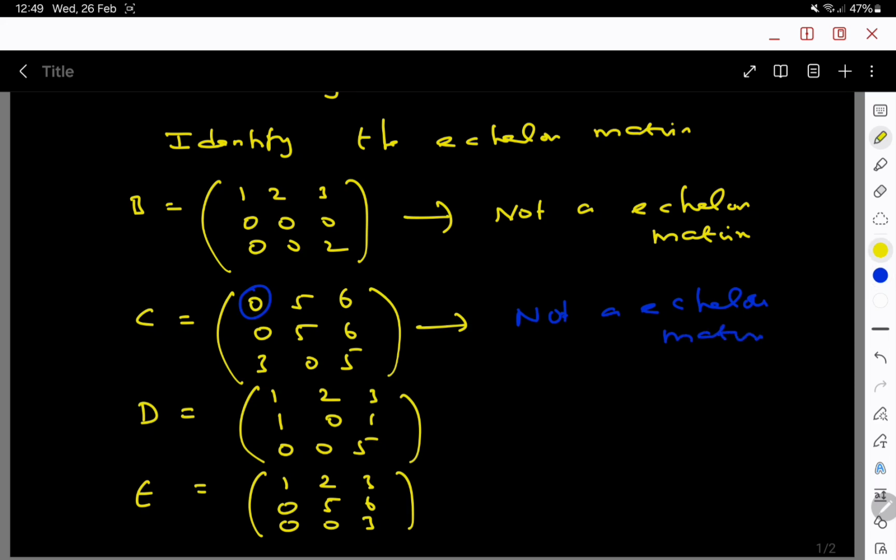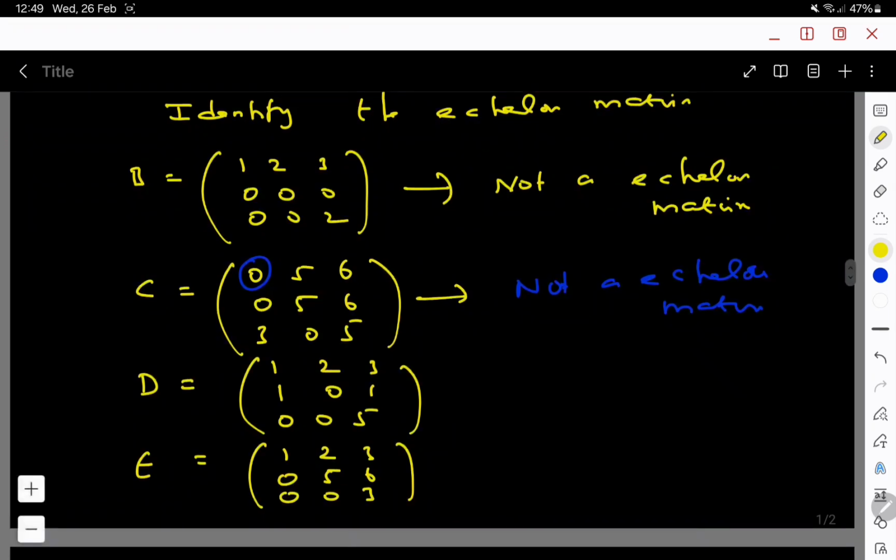In the third matrix, take the second row. The numbers below the leading entries are always 0. Only when we get 0 in this place is it called echelon. Here this element 1 is non-zero.